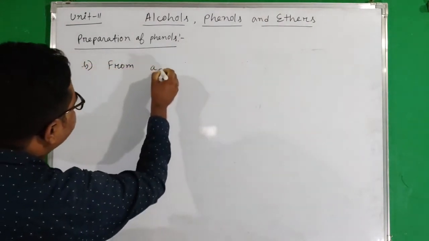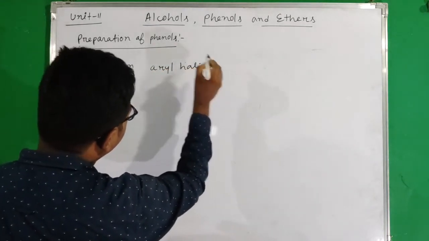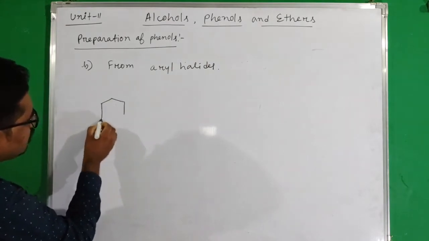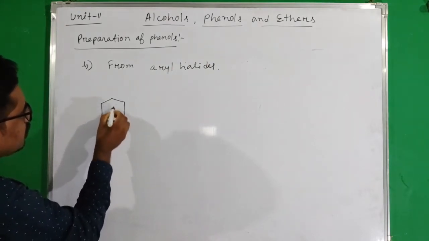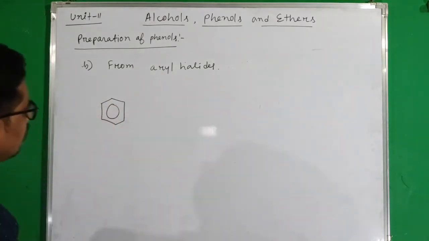from aryl halides. So you have studied about aryl halides in chapter 10, that is haloalkanes and haloarenes.